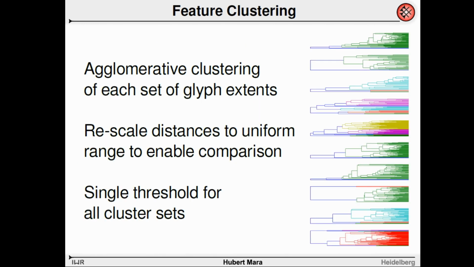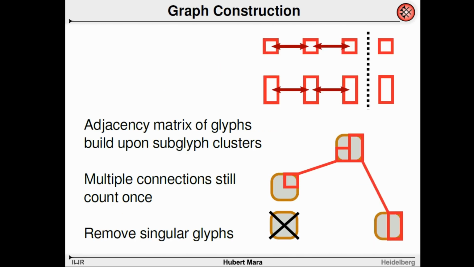The clustering for the subglyphs itself is then done within these bounding box classes, but with one threshold. So we have a relatively low number of parameters for the classification process itself. But towards the end, of course, we have to do some normalizations to start connecting these glyphs. Connections are done to build a network of similar glyphs.